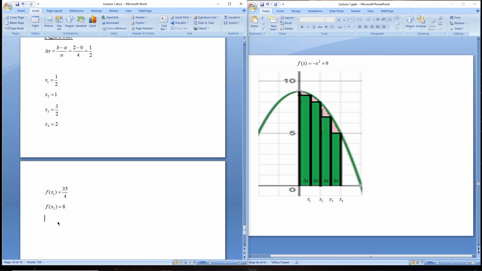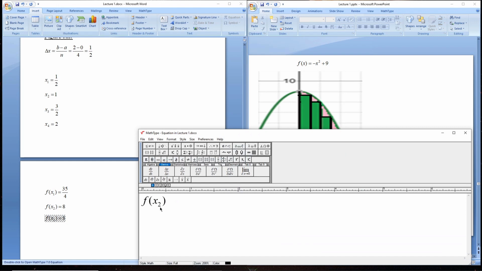And we keep going. So now we'll check out what x sub 3 is. So x sub 3 right here, 3 halves. We figured that out. We're going to plug that into the function. So 3 halves squared is 9 fourths. So we're going to have 9 minus 9 fourths. We'll get a common denominator there, so that's going to be 36 over 4. And then 36 minus 9 is 27.